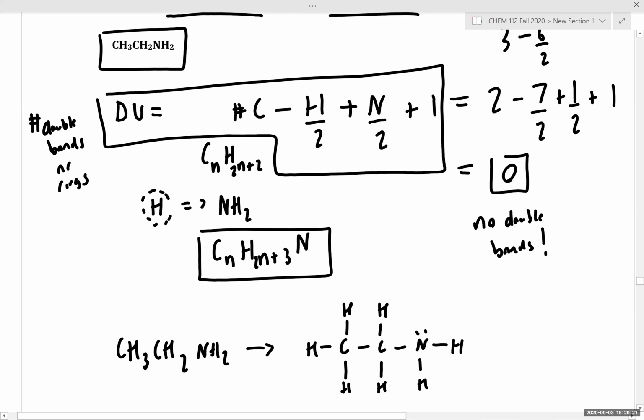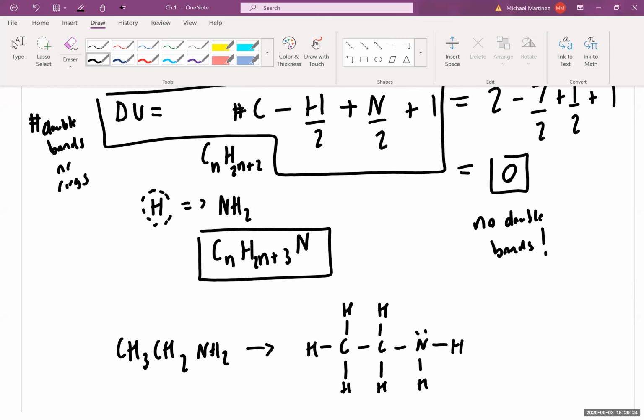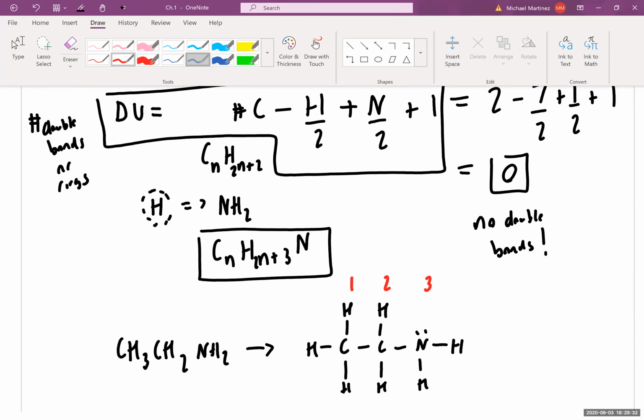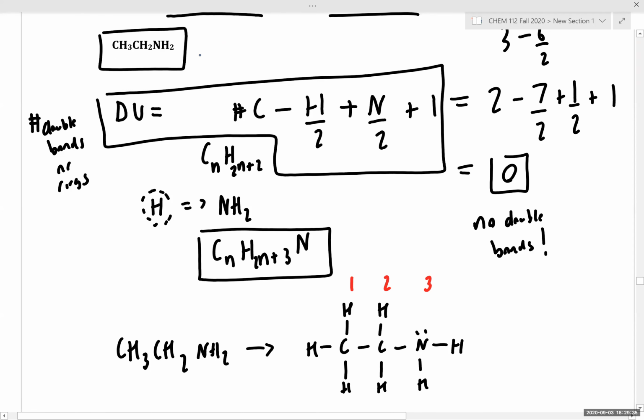Okay, now if we number our atoms, okay, so now what we can do is swap this hydrogen with this entire functional group.